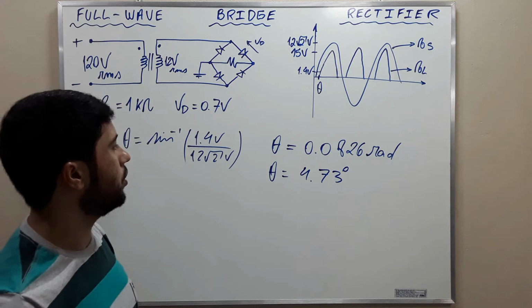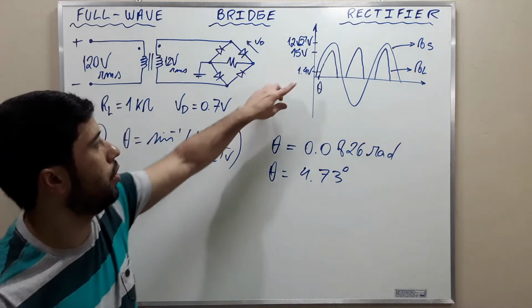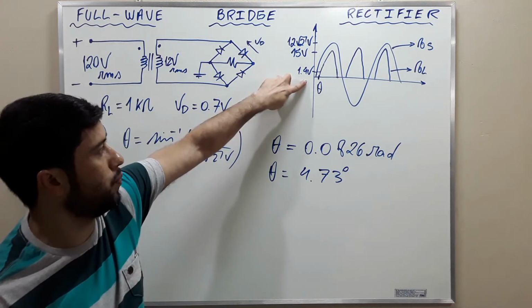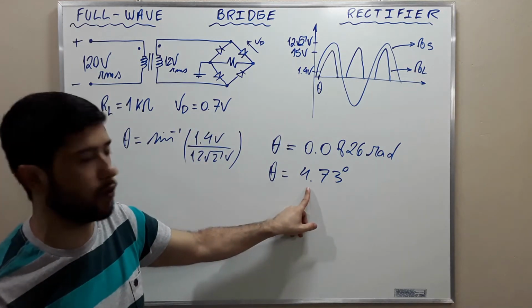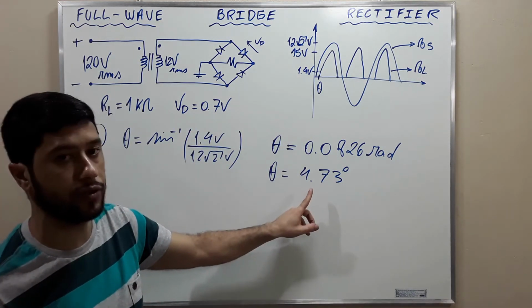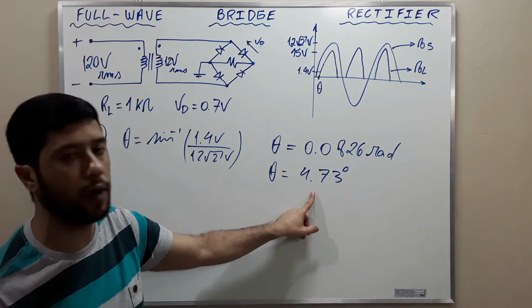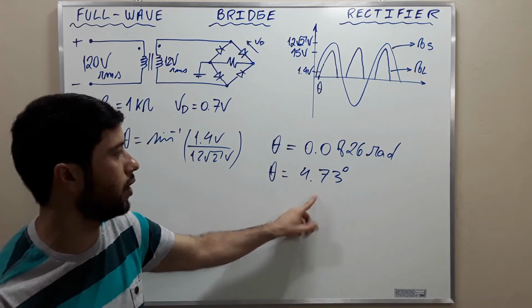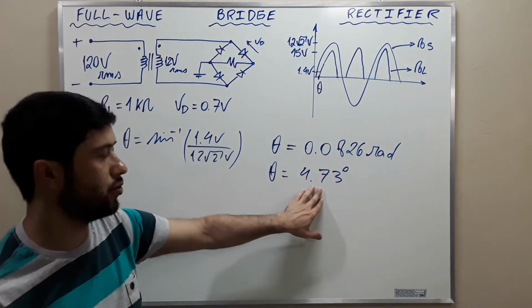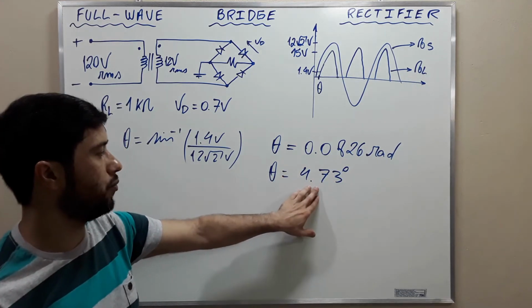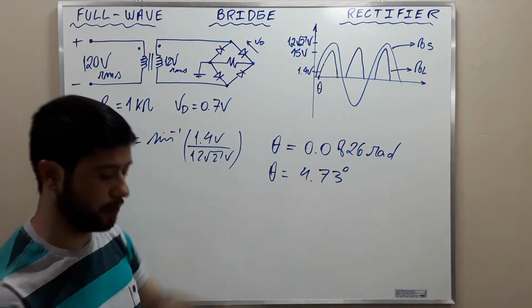So the diodes will not conduct between 0 degrees and 4.73 degrees. The diode is going to start conducting only after 4.73 degrees. We are going to use the radians, but just to tell you, it's possible to use the degrees.